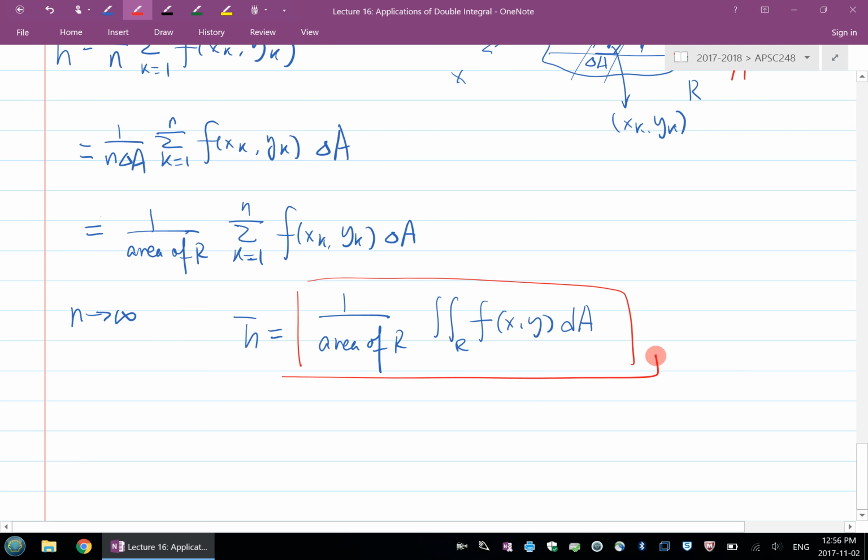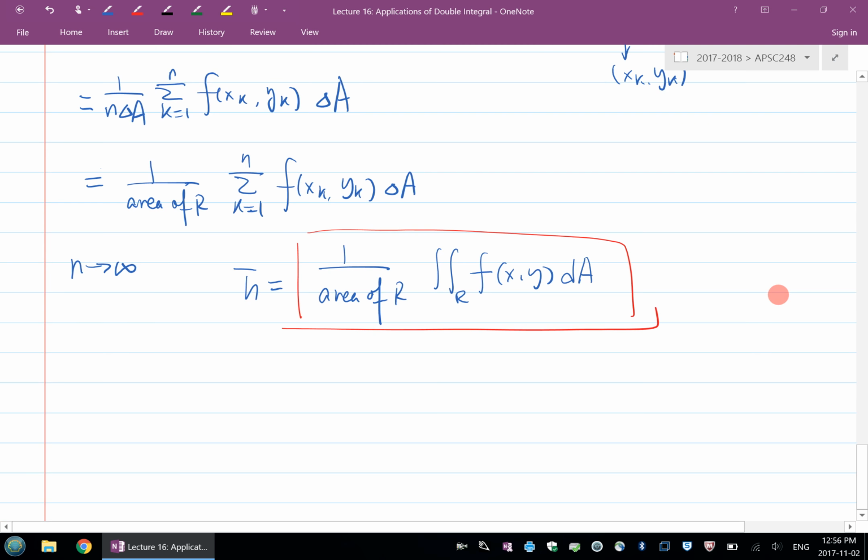We'll come back to this formula later. Now, what's the application of this? I'm not going to solve an example, but just to give you one: let's say temperature.